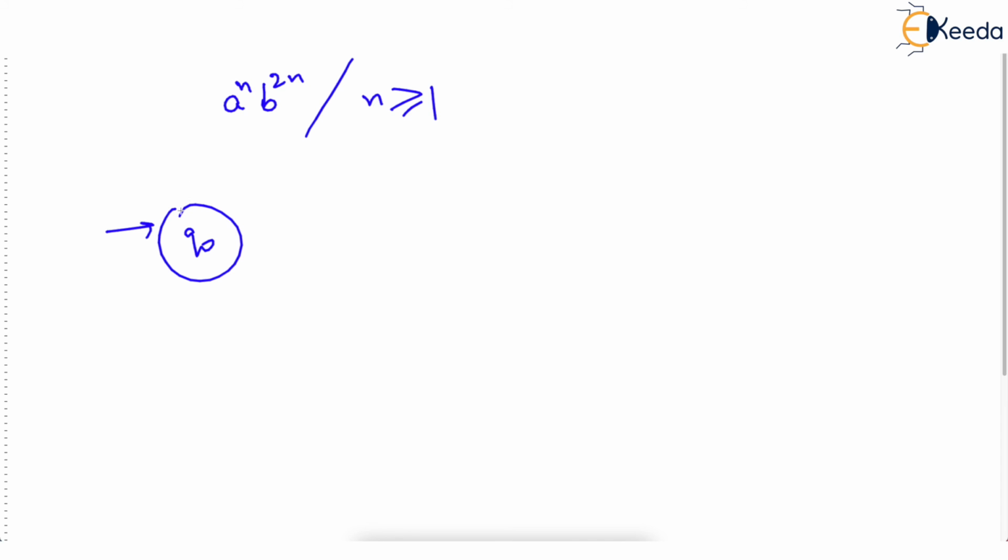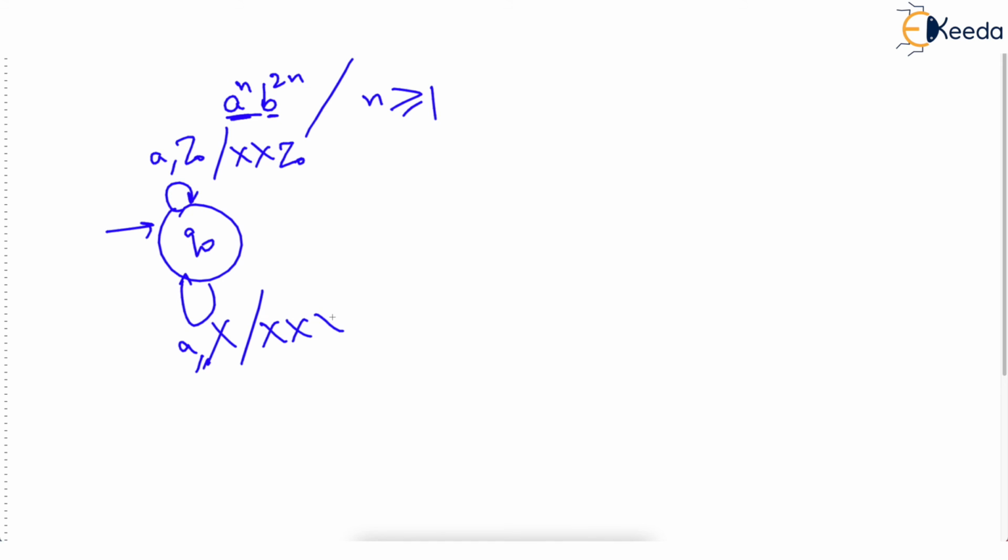The idea was, for the first a, when the top is Z0, we will push X 2 times because we were remembering each a 2 times, since the number of b's must be double the number of a's. For any a which occurs consecutively, we will push X again 2 times. So this X is restored and 2 more occurrences of X are pushed.